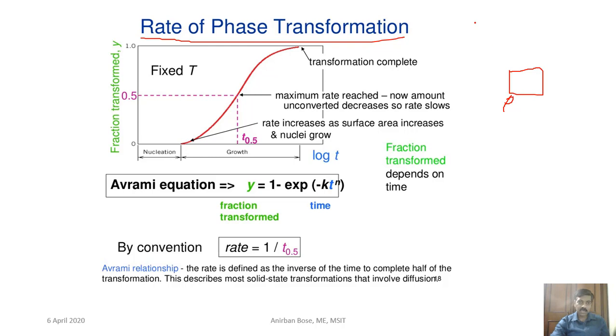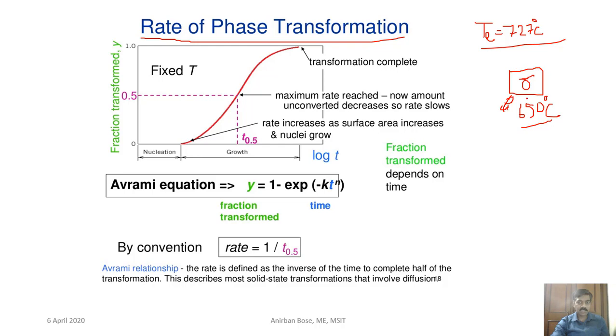Suppose the eutectoid transformation temperature, TE, is say 727 degrees centigrade. Now here is austenite, and you put this at a temperature of say 650 degrees centigrade, which is definitely below the transformation temperature.